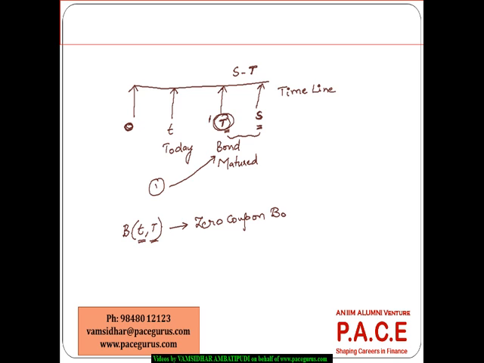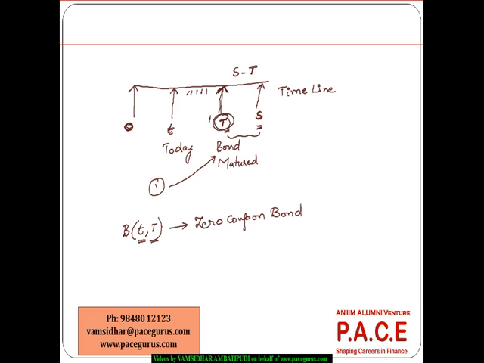There are no intermediate cash flows, no coupons in the middle. Only the final maturity amount is paid at time T. The present value of it I am simply writing as B(t,T). That is one important notation we typically use, which is the price of the bond as of time t, where it pays a cash flow of $1 at time capital T.